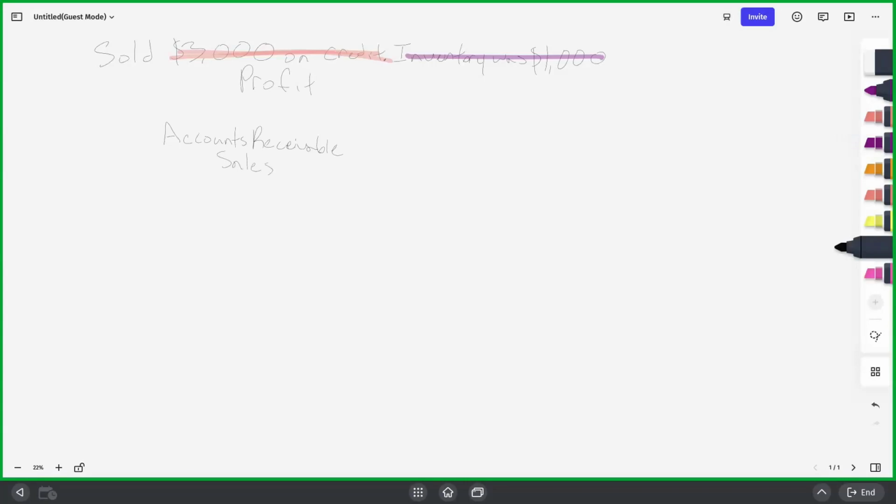Now, the next thing you have to worry about is your inventory. So cost of goods sold, it's an expense, so it is debited. That makes sense.